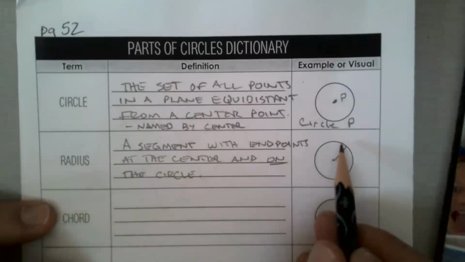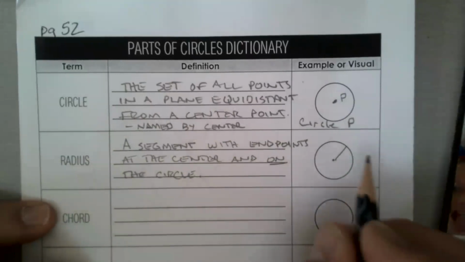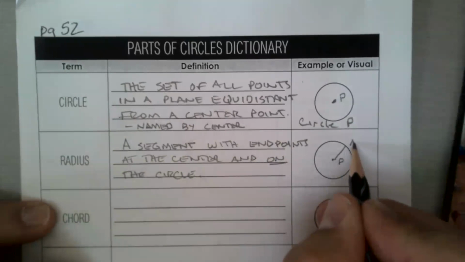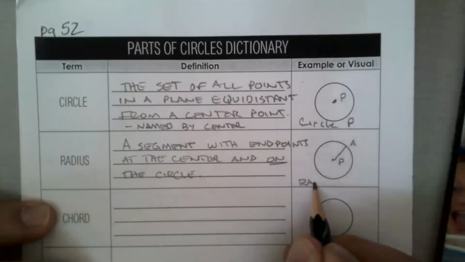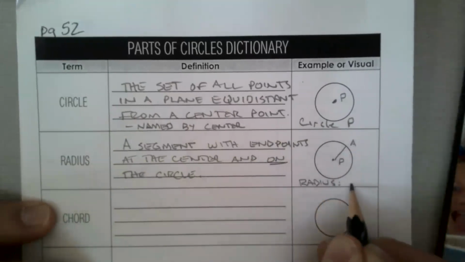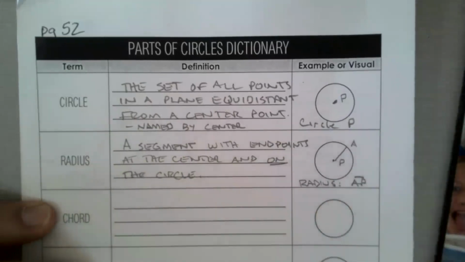When we talk about on the circle, we mean along the outside of the circle. And so this would be called, the radius is equal to AP with a segment over the top.